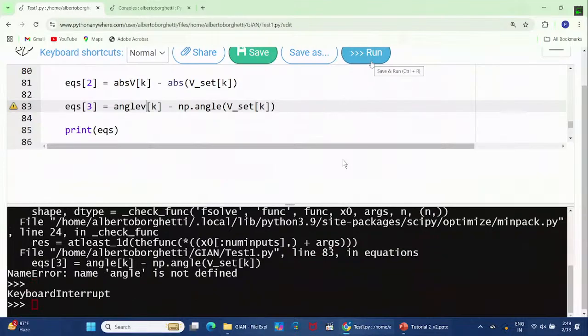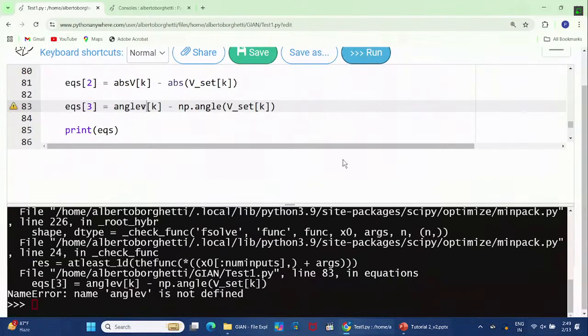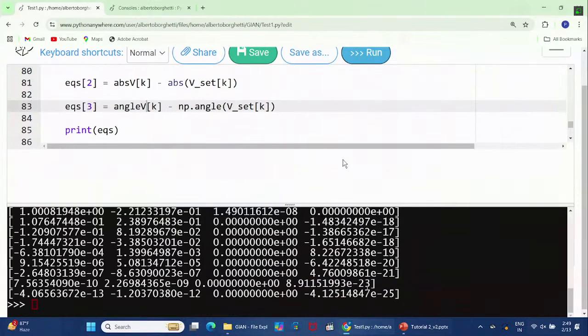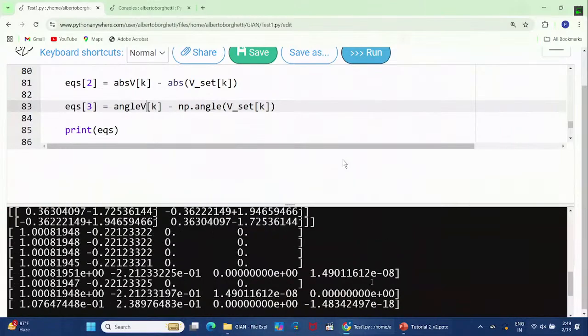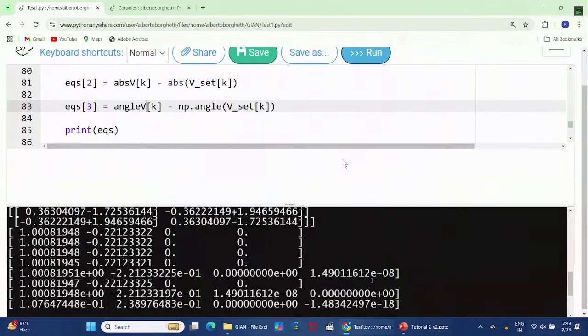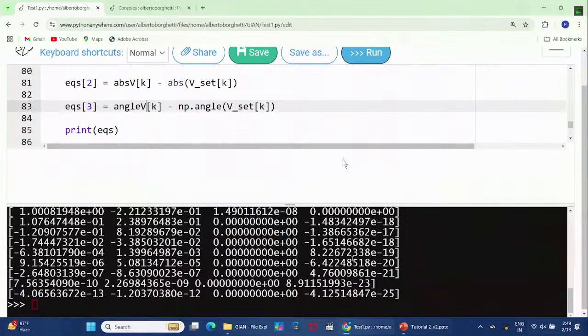V is capital, and there was the caps lock that did something. At least it is not complaining.